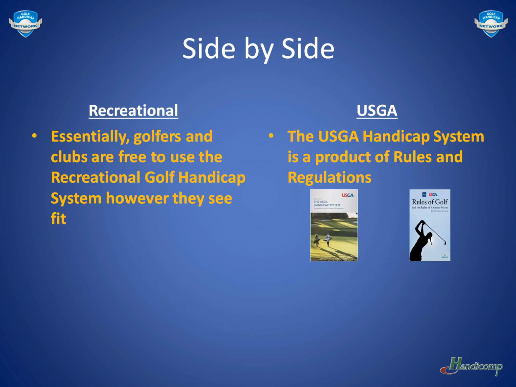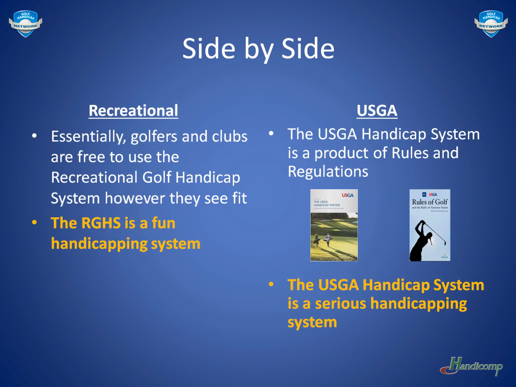For recreational, essentially golfers and clubs are free to use the recreational golf handicap system however they see fit. The USGA handicap system is a product of rules and regulations. The recreational system is a fun handicapping system, and the USGA handicap system is a serious handicapping system.